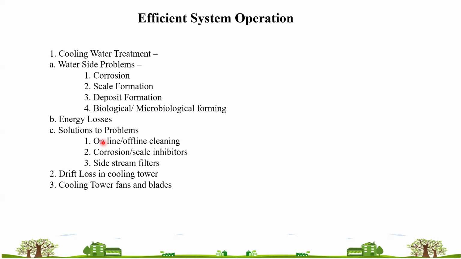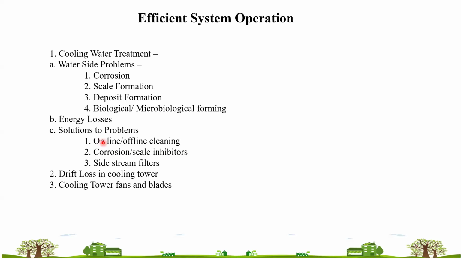Then energy loss has to be minimum. If you are forming scale or any deposits on your condenser side or any nozzle, your performance is going to drop, and that result can be seen not in the cooling tower but in the connected utility, the connected compressor, maybe a connected chiller or process condenser.